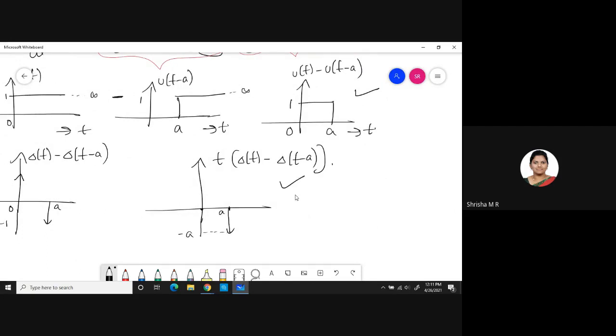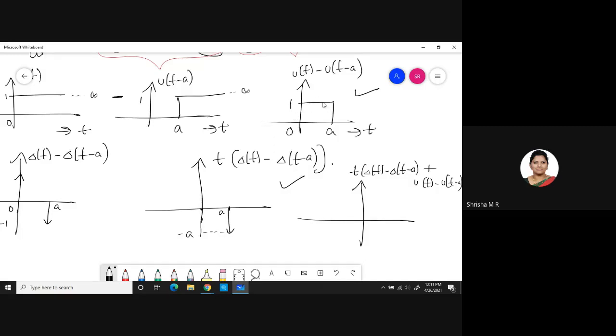This one and this one. So how will it look? That is your differentiation, right? It is t into delta t minus a plus u of t minus a. So how will your signal look if you add these two?